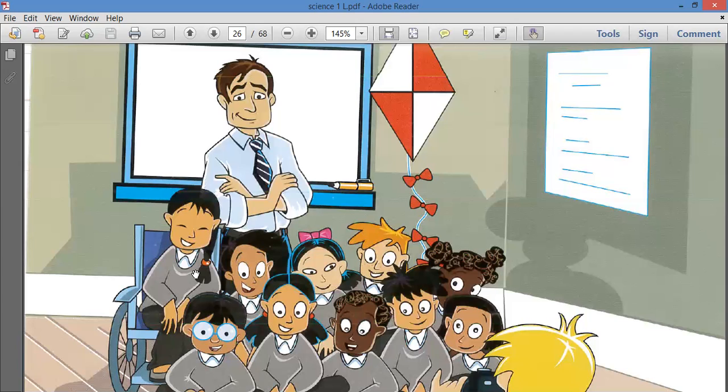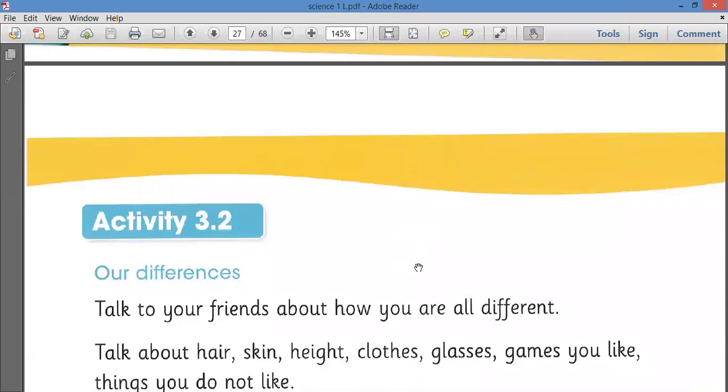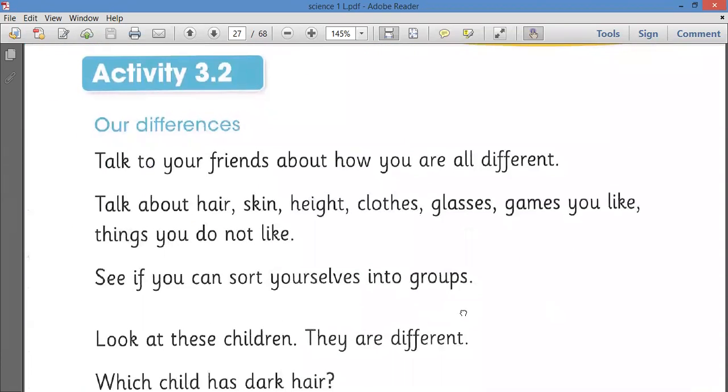Some of them are just there, they are just listening, they are not replying to the teacher's question. So these are the differences from which we can differentiate.